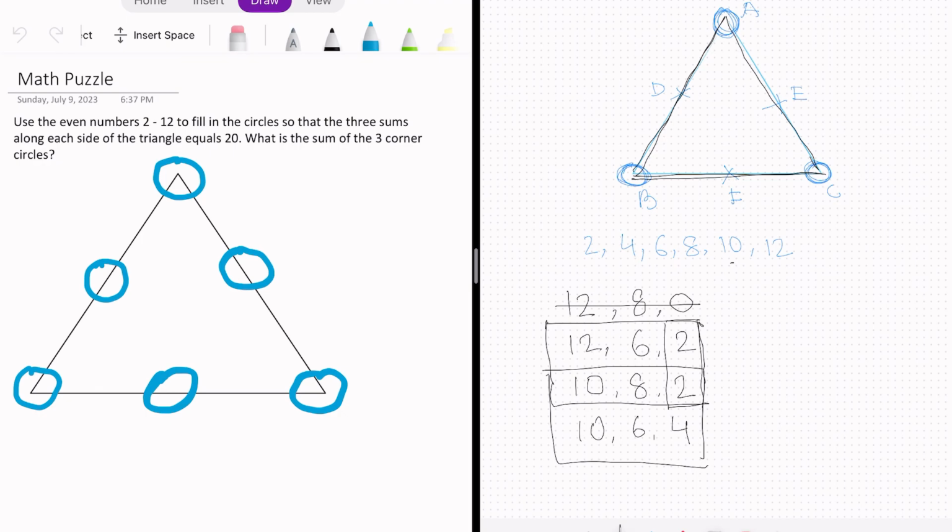And then there is another combination with the number 6, right? So in all probability, these numbers which are repeating in various combinations, which are 10, 6, and 2, form the three corners.